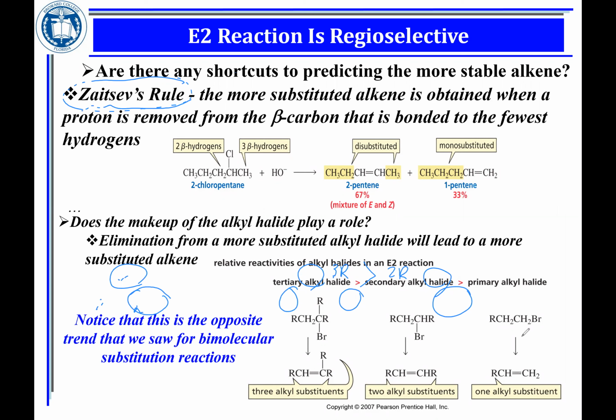I already explained about the R group, like if you have 1 alkyl substitution, or 2 alkyl substitutions, or 3, then we can expect that we get a major and a minor product. But if it's symmetrical, we get only 1 product.